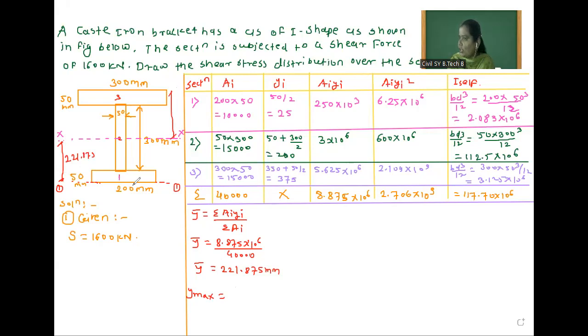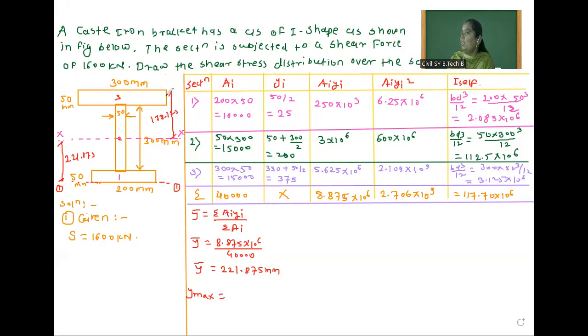This is 300 plus 50 plus 50, 400 minus 221.875, which is 178.125.